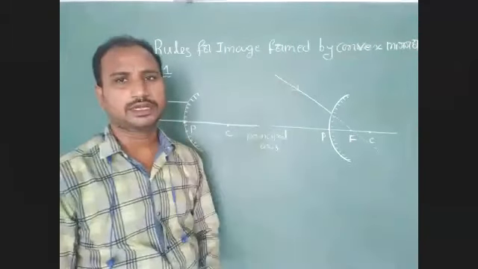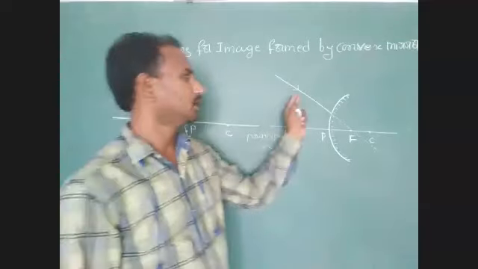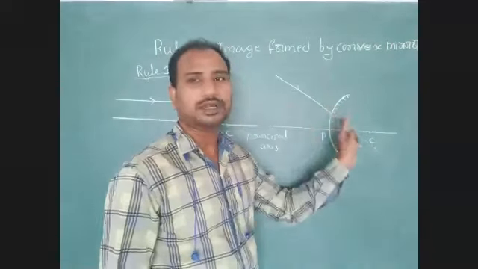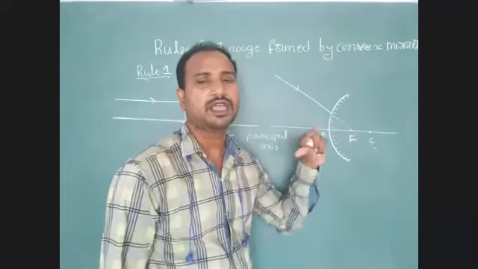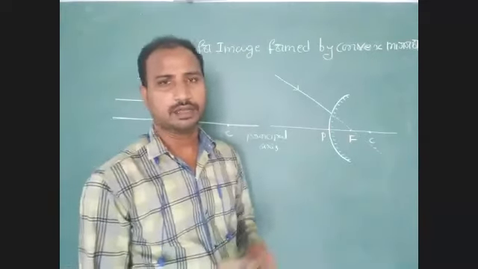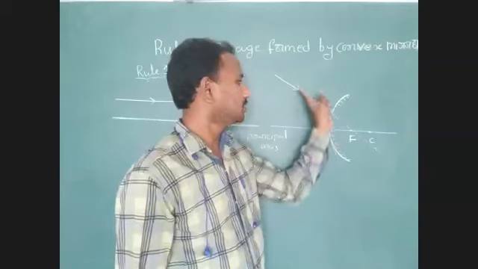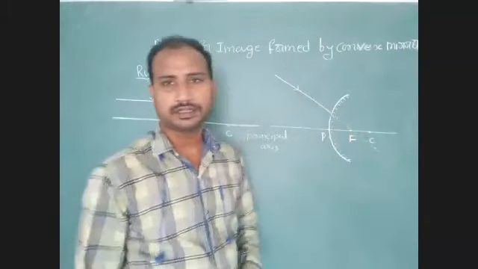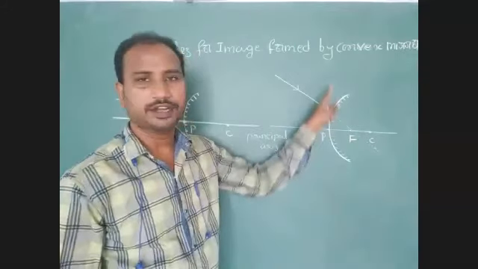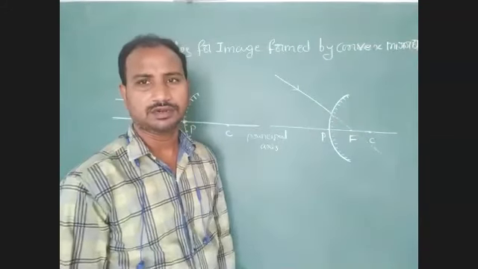We consider this condition, but here the incident ray is not actually passing through the principal focus. It is our imagination. We consider that incident ray moving towards the reflecting surface, and it is incident at a point on this convex curved surface.